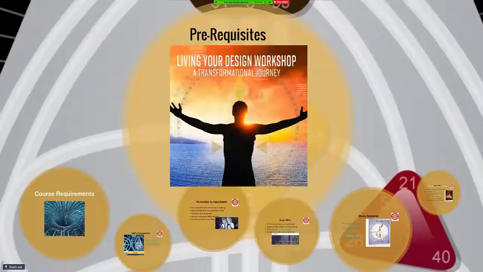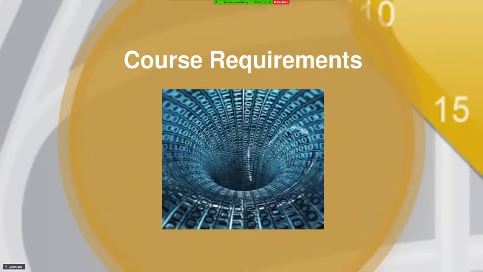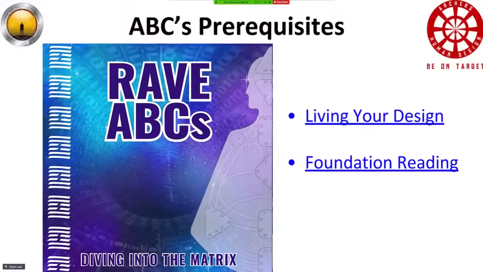I'm really excited that he's joined our team, and he's going to be taking over teaching these Rave ABCs after me, after his class is done, because I'm moving on to higher level classes, and I just don't have the energy to do all the classes that people want me to do anymore. Sad, but this has been one of my favorite classes to teach, Rave ABCs, because it's so empowering, and it's just such a trip, such a great journey.